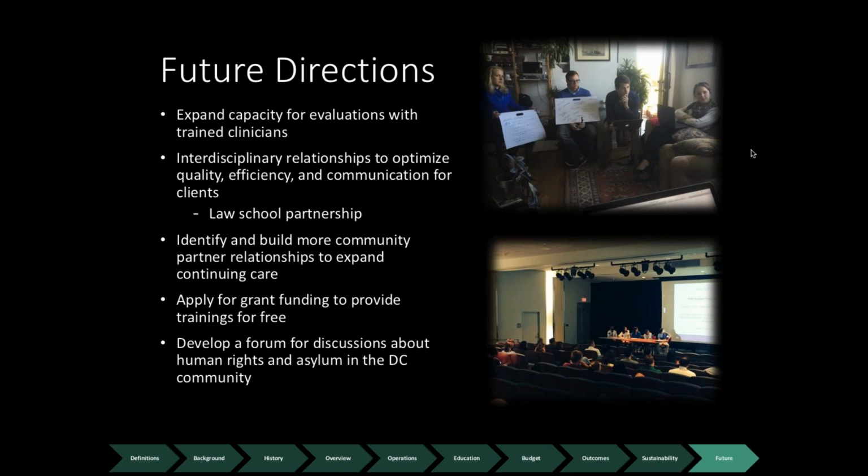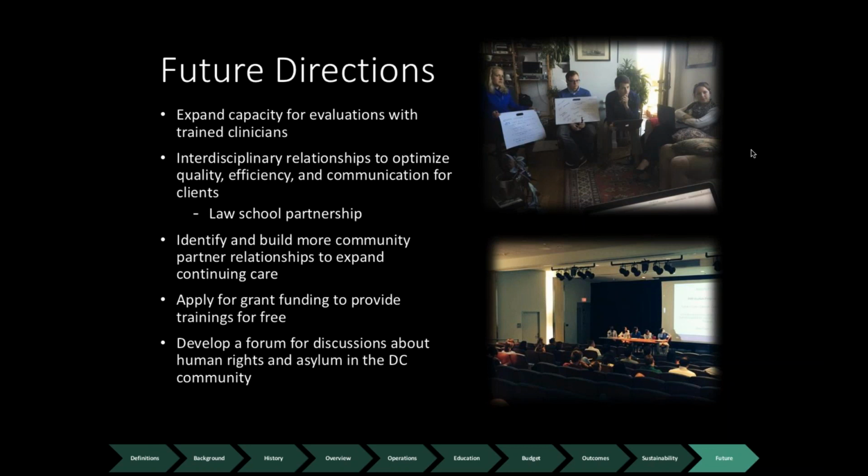And then I know Nick mentioned earlier that it's important to us to provide training for free. It's really tough for us to have to ask volunteers for money when they're already volunteering their time. So in the future, we're going to keep working toward applying for grant funding.